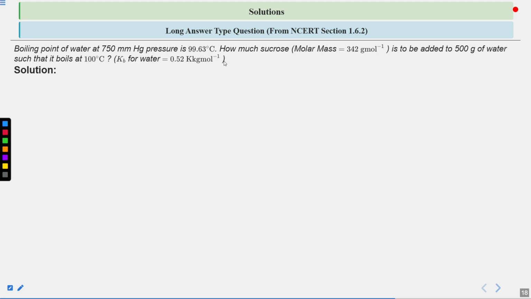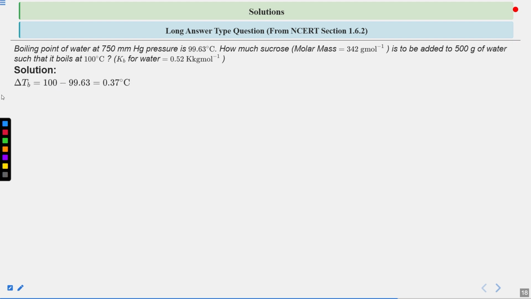Here it is given that it covers section 1.6.2, but in the examination no such information will be provided. So you have to relate which section or part of the chapter the question is covering, and then answer. So let's see what the solution will be.